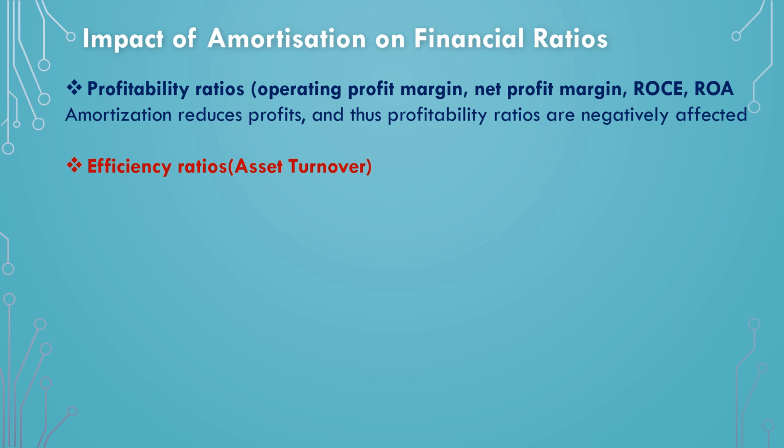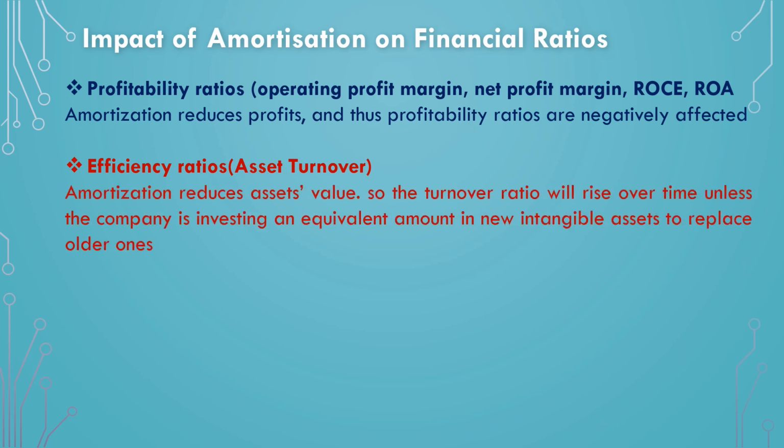Next, efficiency ratios. Amortization reduces the asset's value, so the turnover ratio will rise over time unless the company is investing an equivalent amount in new intangible assets to replace older ones.